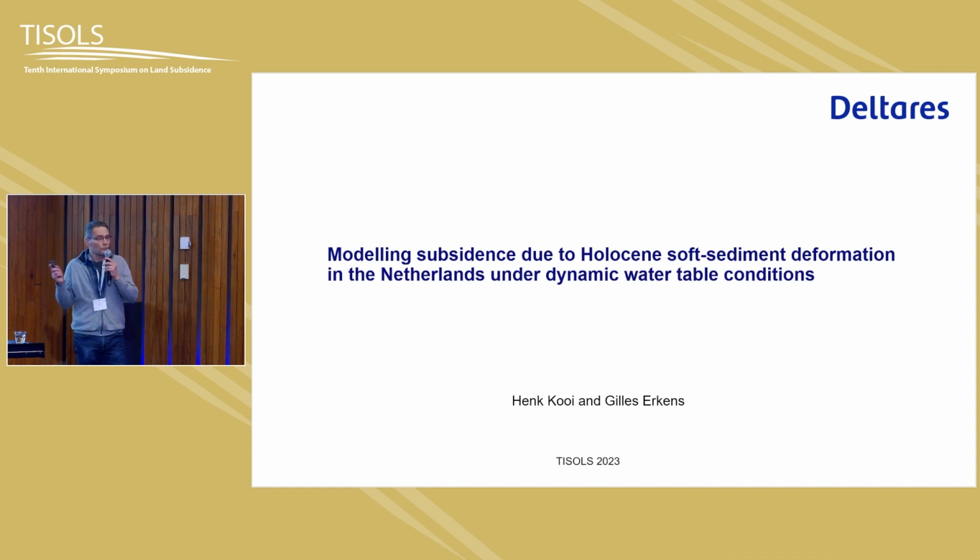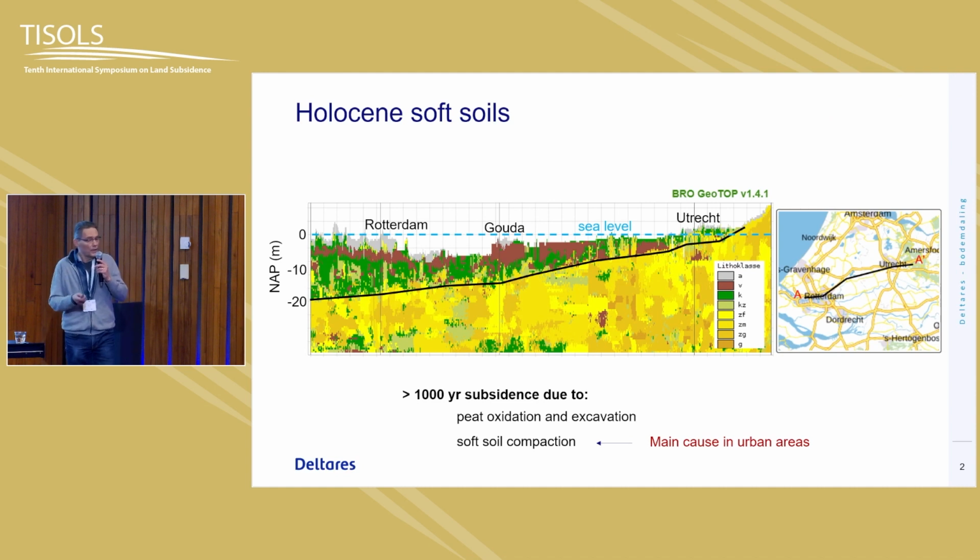I will first introduce that issue, the background I find particularly relevant, before I get to the modeling aspect. So we have a long history of living with soft soils in the Netherlands, as you probably know by now. This shows it again, a cross section from Utrecht in the east to Rotterdam in the west, on the Holocene delta.